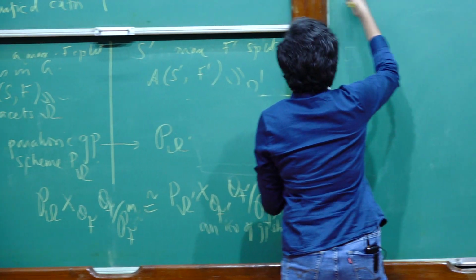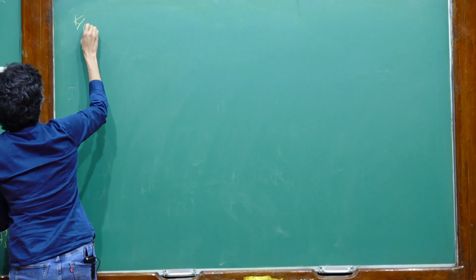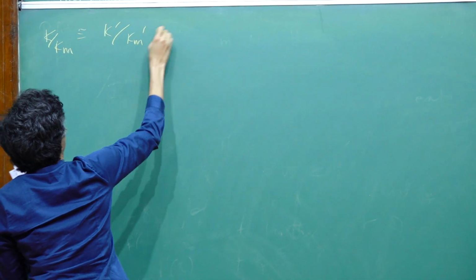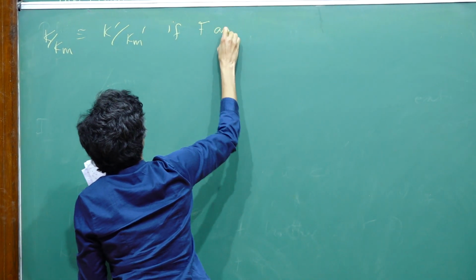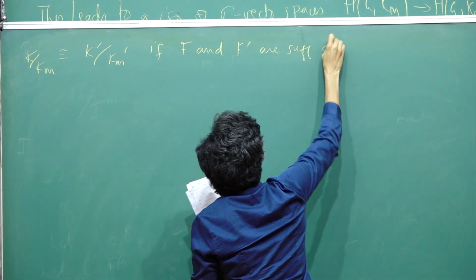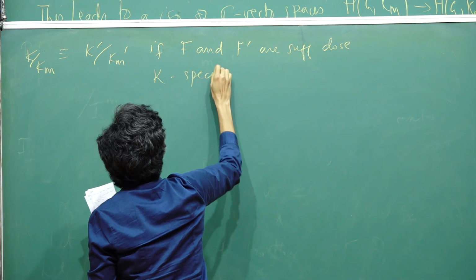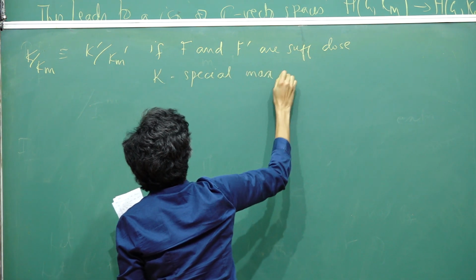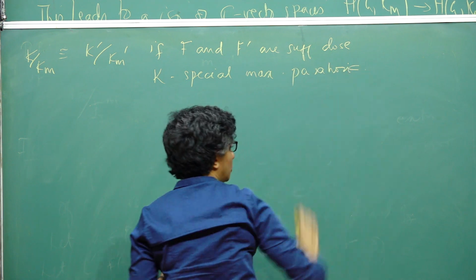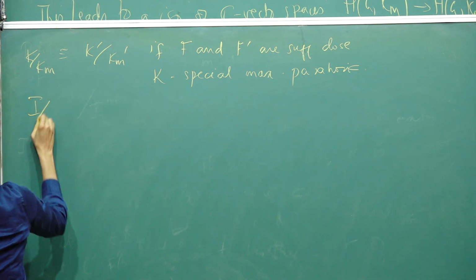Okay, so as a consequence of this, one would get that K mod Km is isomorphic to K prime mod Km prime if F and F prime are sufficiently close. So here K will be a special maximal parahoric. This will play the role of G of O in the Kazhdan isomorphism.